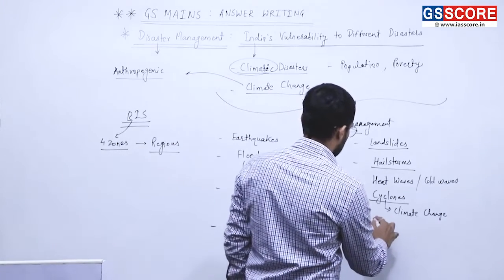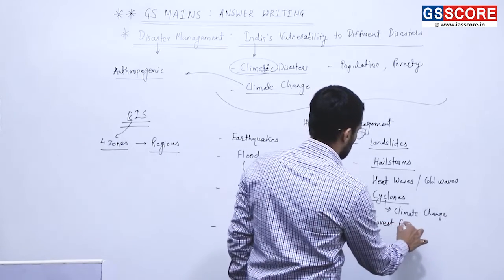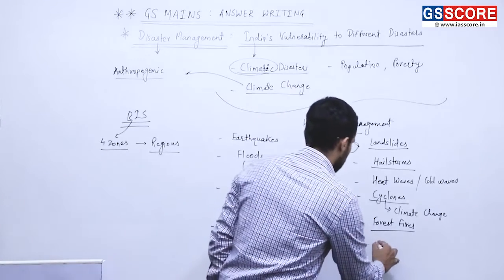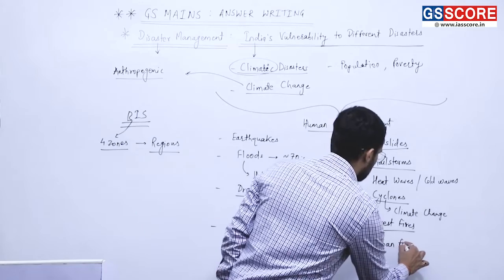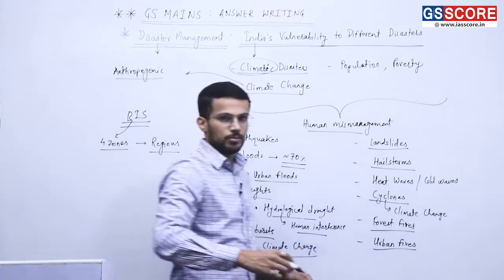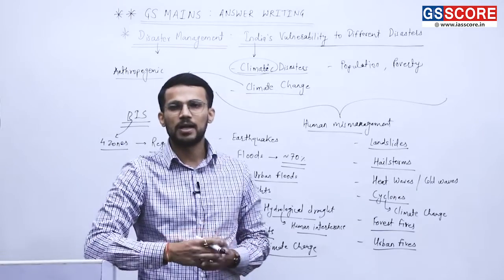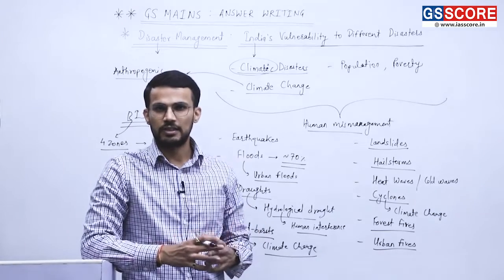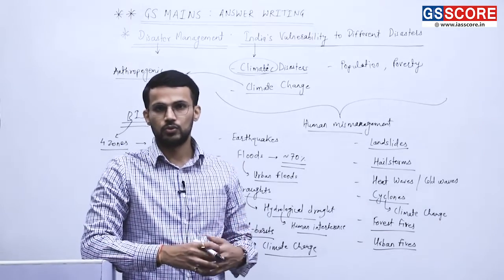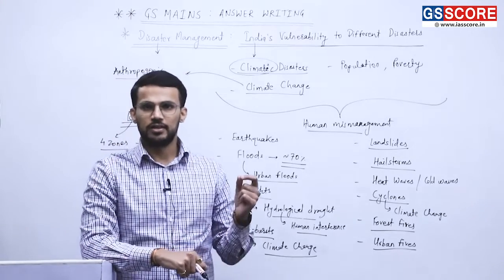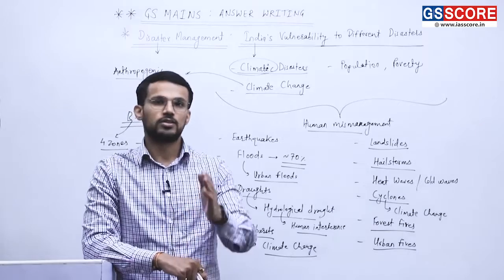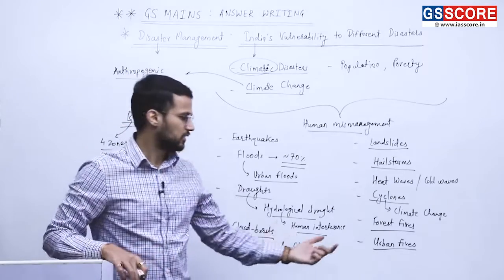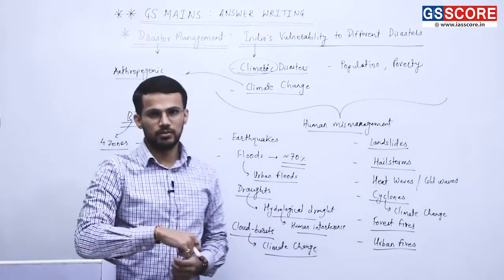Along with that, forest fire is also an important disaster where a question may be asked by UPSC. Forest fires, right? Even urban fires, the frequency of urban fires has increased these days, and that is primarily the result of unplanned urbanization, where there is increased population density in certain regions, and due to the increased population density in that region, it is difficult for the fire department vehicles to enter those smaller lanes, and that increases the vulnerability of those people to urban fires.